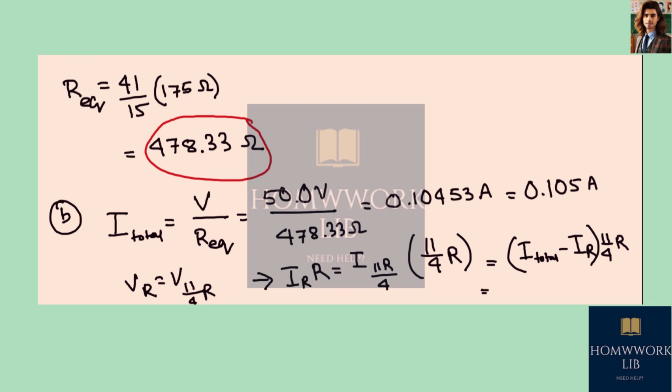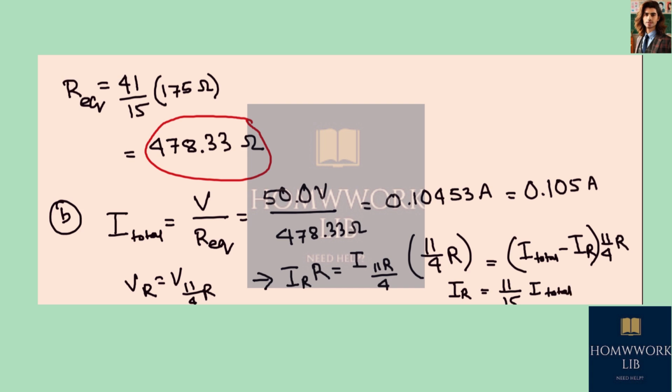And if we plug in the numbers, if we solve for these two guys, we get something like I_R equal to 11 over 15 I total, right?